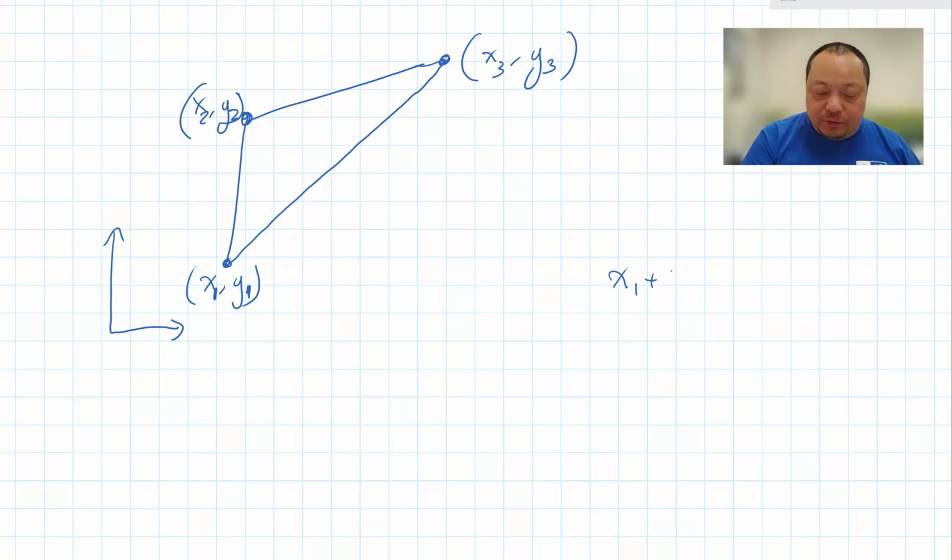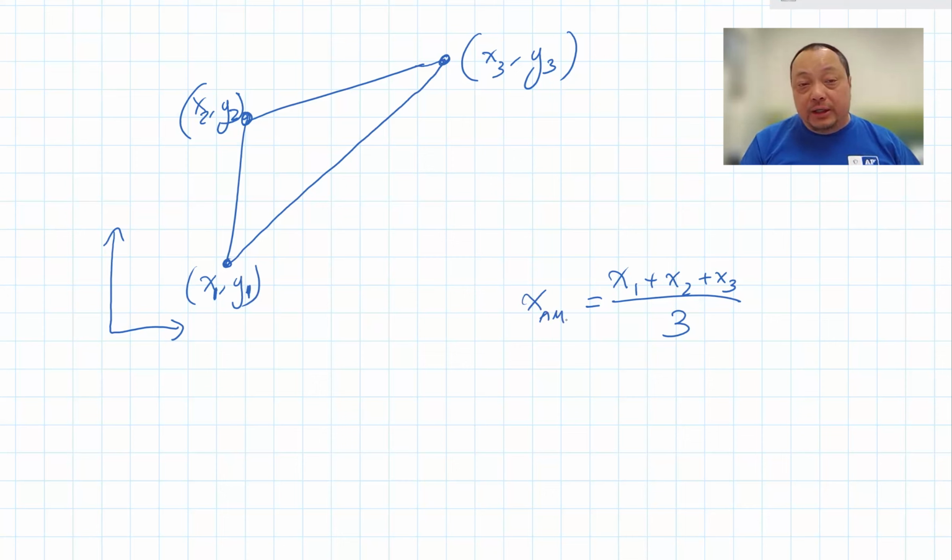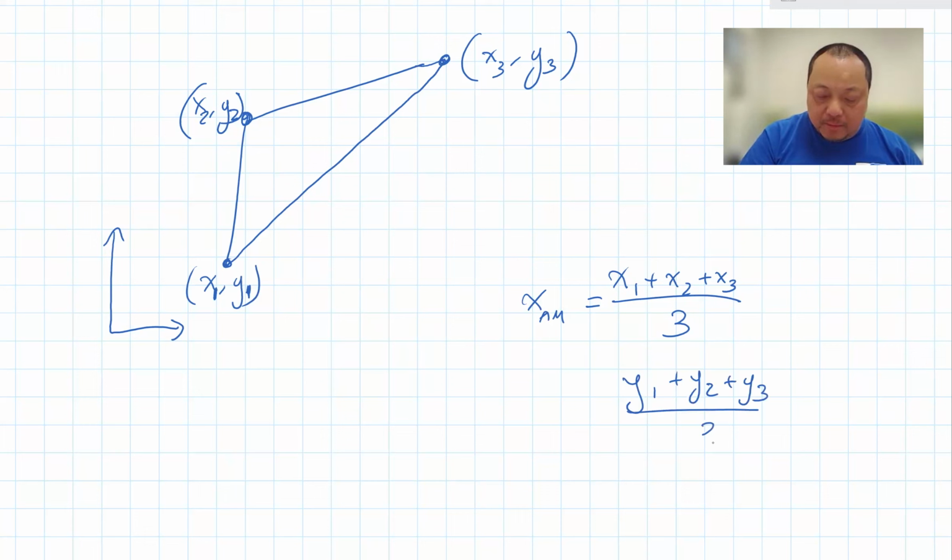And I average out the x's, take the arithmetic mean of the x numbers. I'll call it x_am for the arithmetic mean of the x's. And I do the same thing with the y values. I call it the y arithmetic mean, subscript am.